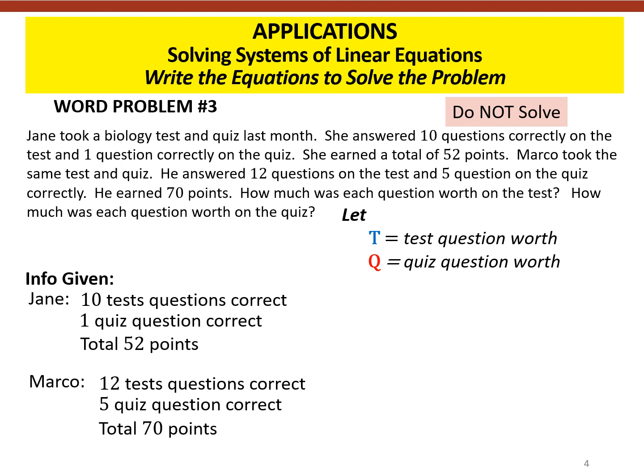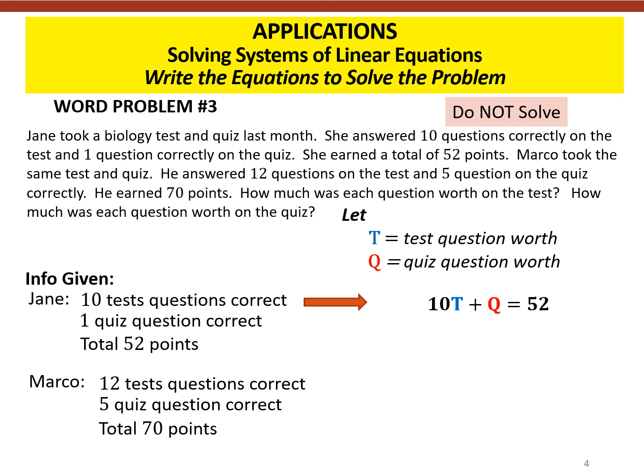The first equation is we have 10 test questions, 1 quiz question. So we have 10 questions on the test. 10 questions, if each one is worth maybe 5 points, that would be 50. You take how many questions and times how much they're worth.